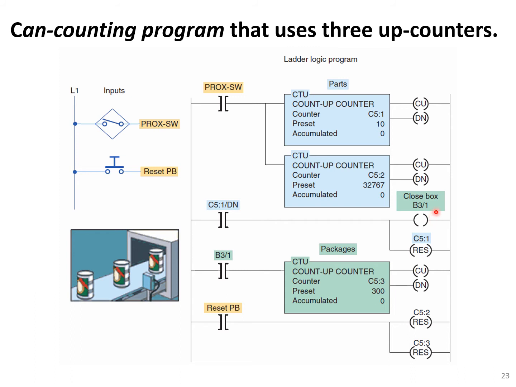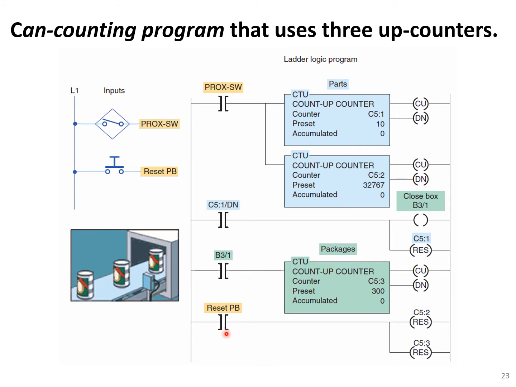And when we close this box, this counter will count the number of boxes. So the number of boxes multiplied by 10, plus the accumulated value of the first counter, should be equal to the accumulated value of the C52 counter.